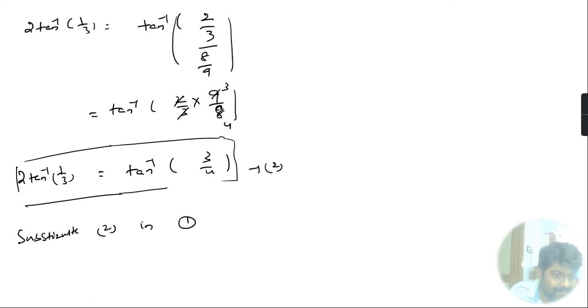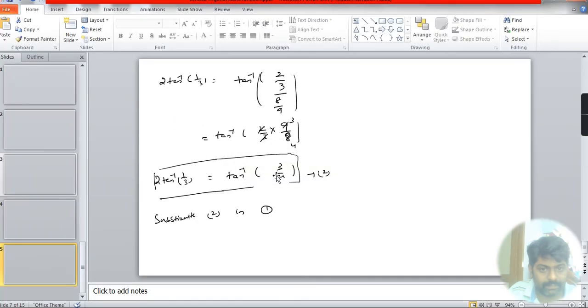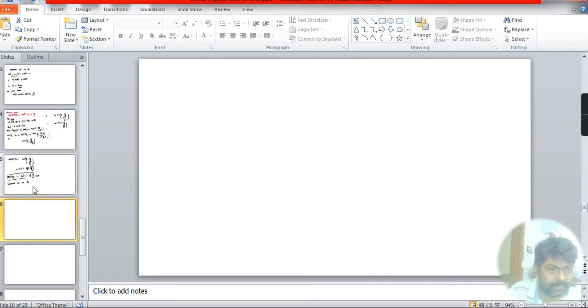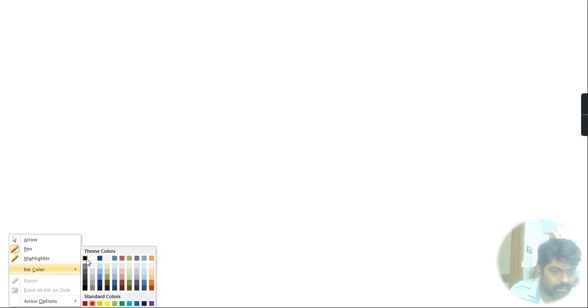So we get that tan inverse of 3 by 4 plus tan inverse of 1 by 7.